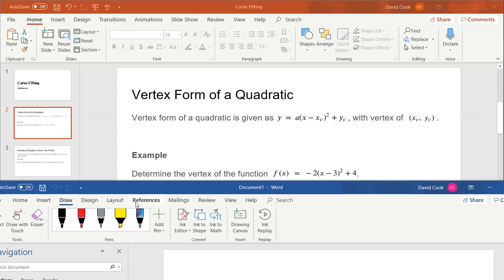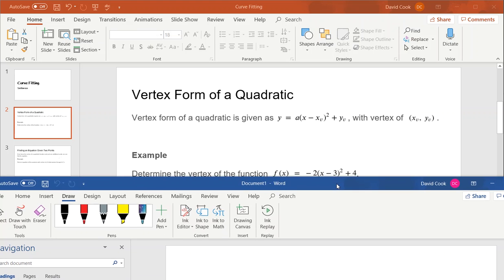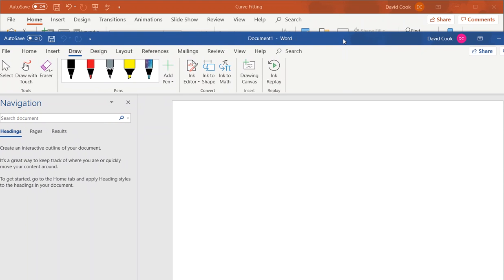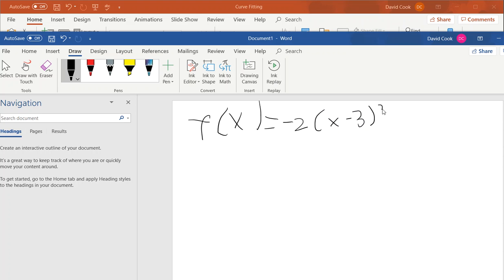Let me write in this equation. f of x is negative 2 times x minus 3 quantity squared plus 4.